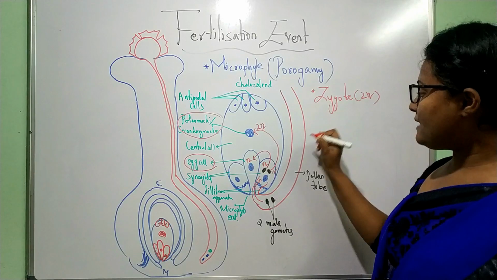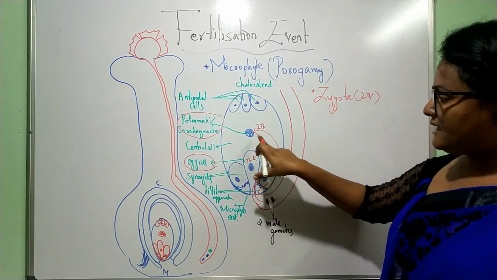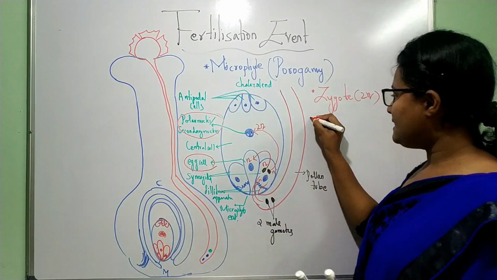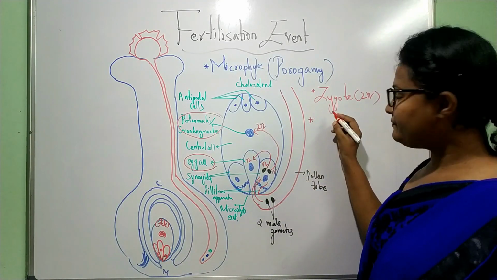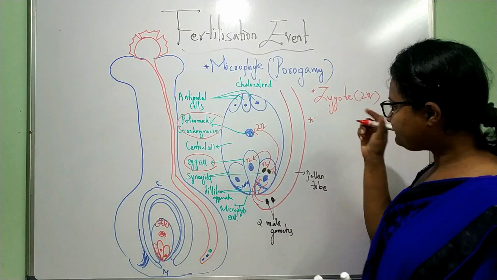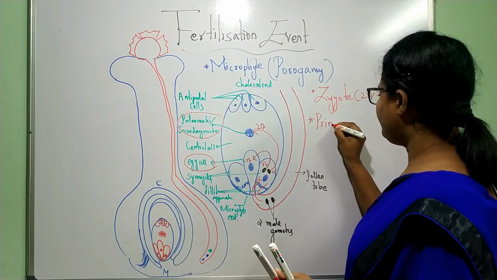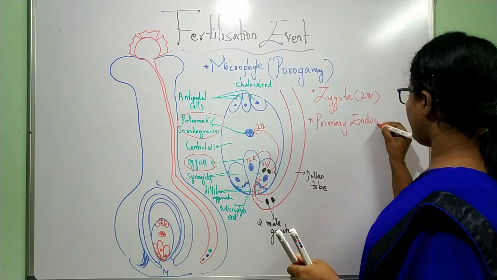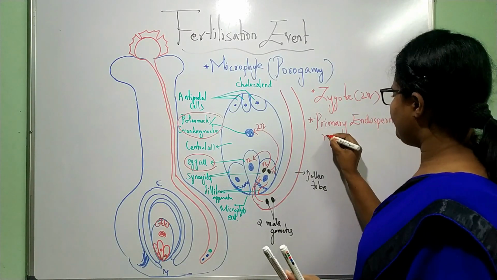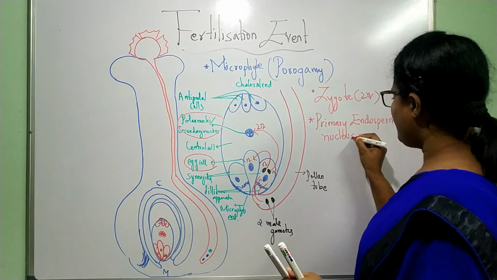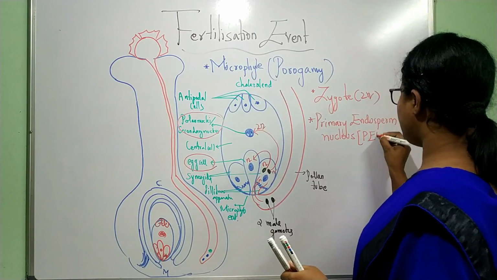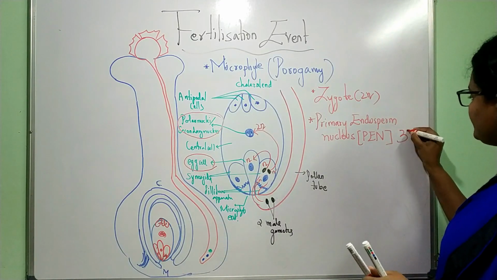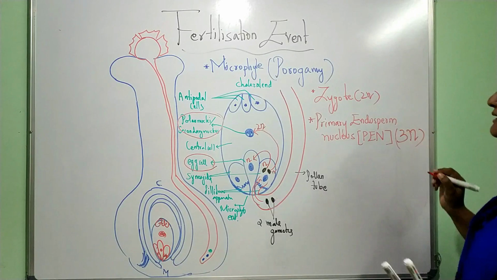The fusion of one male gamete and the polar nuclei forms the primary endosperm nucleus, or PEN, which is 3n in nature.